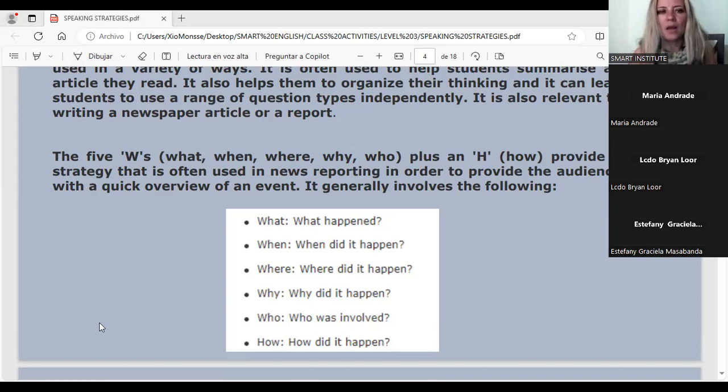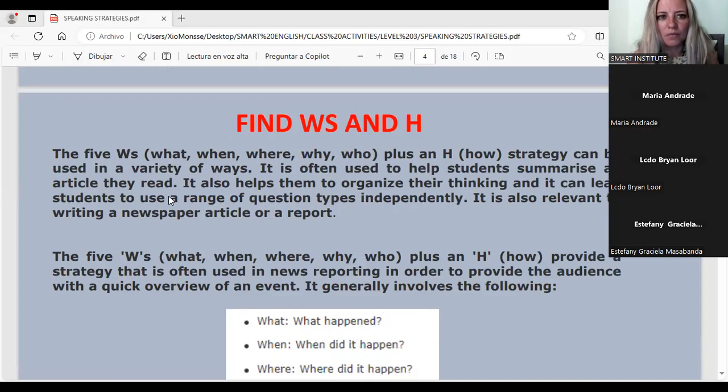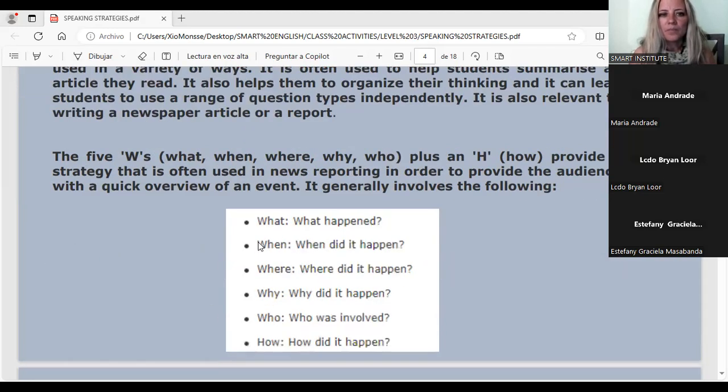Obviously, when you are going to talk about a topic, when you want to introduce a topic, you can show the slides or PowerPoint with the reading on the projector, and after that, you can give the worksheet with these questions, right?